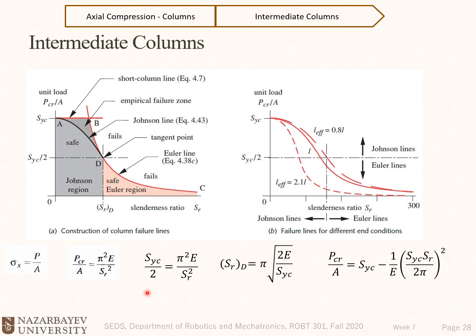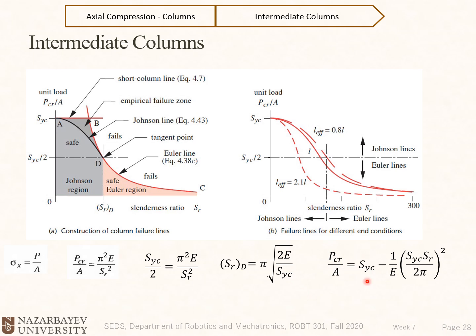So SYC divided by 2 is equal to P critical divided by A, which is equal to pi squared E divided by SR squared, so we could find SR at the point D. So this is SR at the point D. If we use these three points A, D, and C, then we could calculate the Johnson formula.